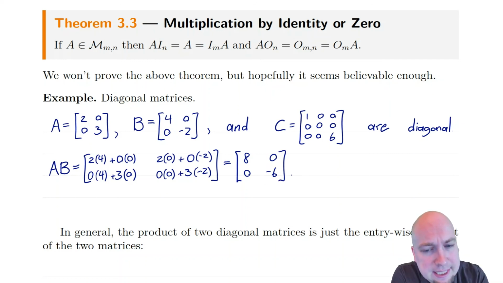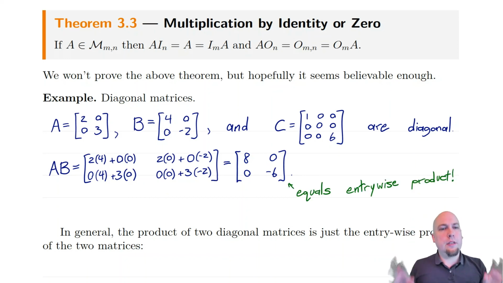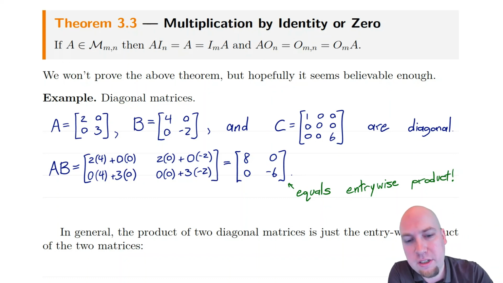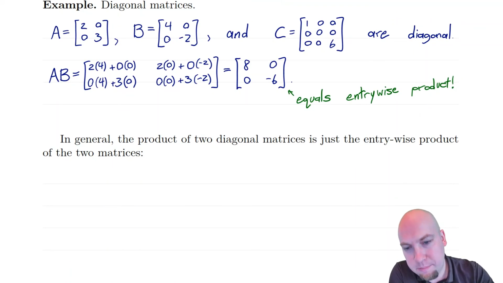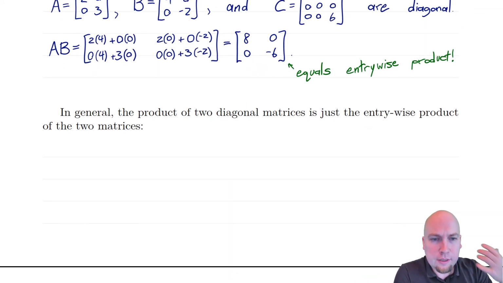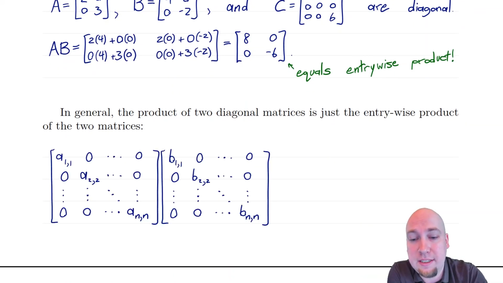And then minus 6 is just the product of the 3 and the minus 2. So in other words, if the matrices that you have are diagonal, then the matrix product of those two matrices is exactly the same as the entry-wise product. So you can just compute the product much more simply, the naive way that you wish you could compute matrix products in the first place.